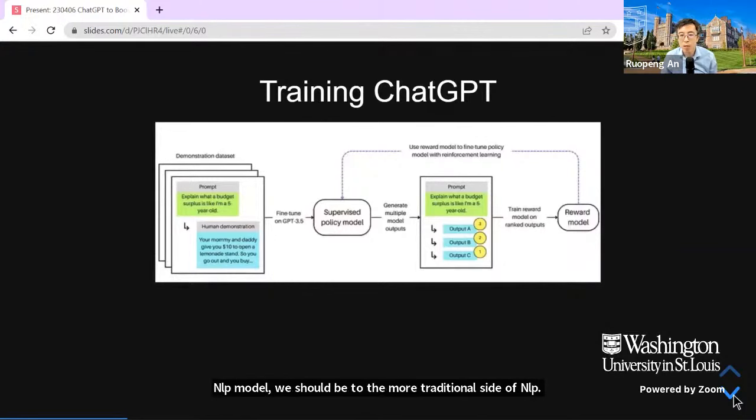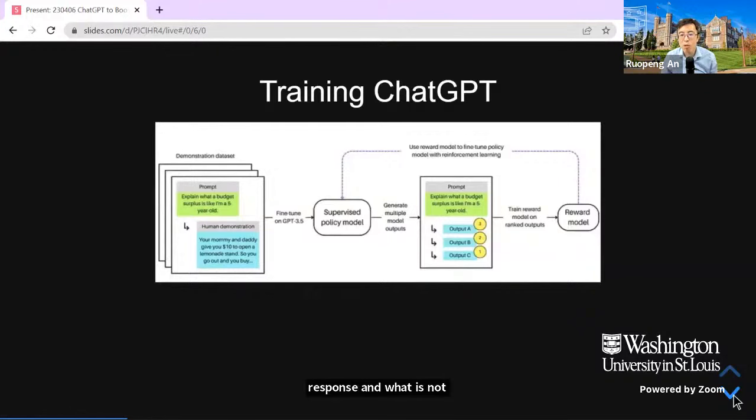But the fantastic communication strategy that ChatGPT learned over the days is the second part. After the pre-training of the GPT model, supervised learning using reinforcement learning techniques is used, in which human annotators interact with the NLP model and try to teach the model what is a good response and what is not so good a response.